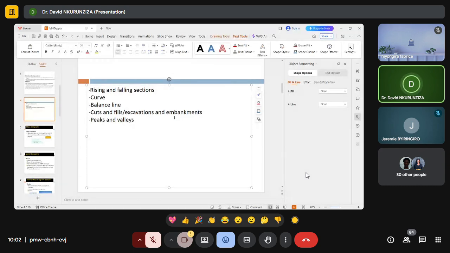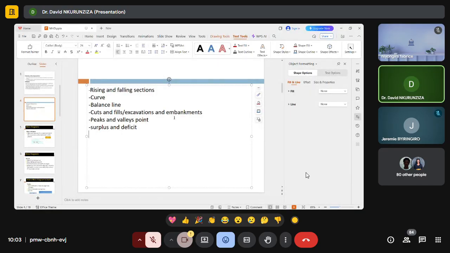And then we have also what we call surplus and deficit.